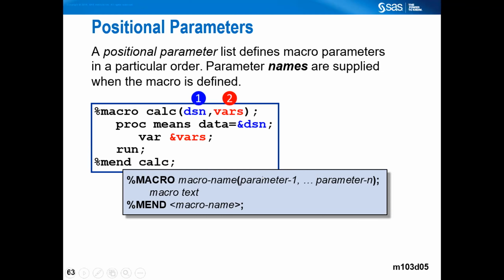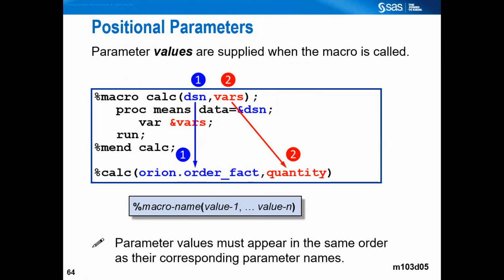This is how you define the parameters: just give the names of the macro variables separated by commas while creating a macro. While calling, you call it in the same order. Order 1 is the dataset name, order 2 is your analysis variable. Parameter values are supplied when the macro is called, and they must appear in the same order as their corresponding parameter names when they were created in your macro definition.